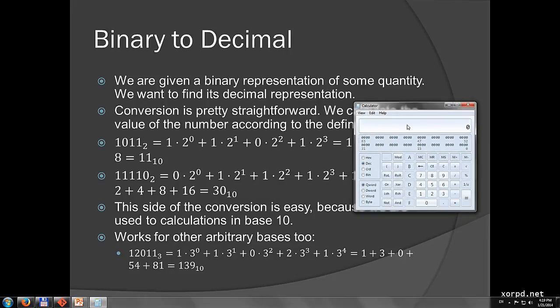Let's check it out. Let's put some number inside, for example, 139 that we have here. We can see that we could choose another base, for example, the binary base, and we get an interesting number.